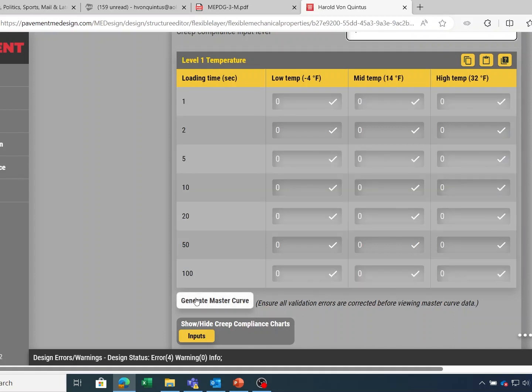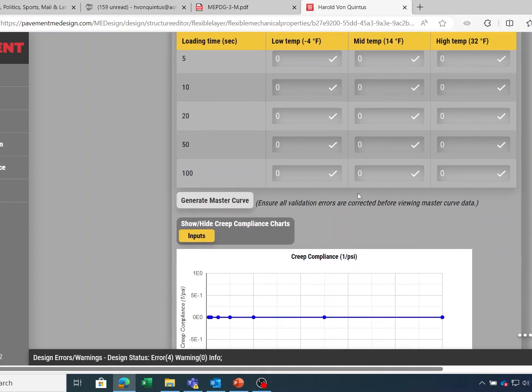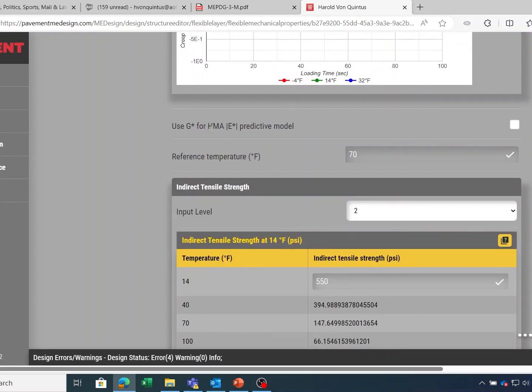And then the program automatically calculates the creep compliance master curve to be used in predicting transverse cracks. The reference temperature is still 70 degrees Fahrenheit, which has to do with the dynamic modulus.